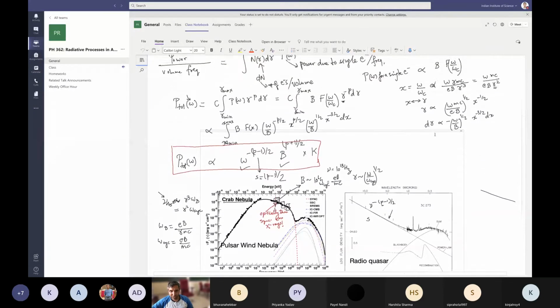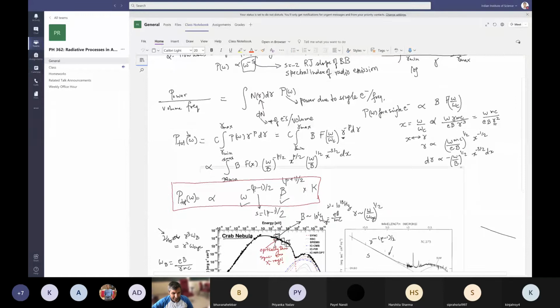And this formula has practical utility for astronomy, for radio astronomy in particular. What is the practical utility? You see a lot of sources where the power of radio emission depends on a power of frequency.